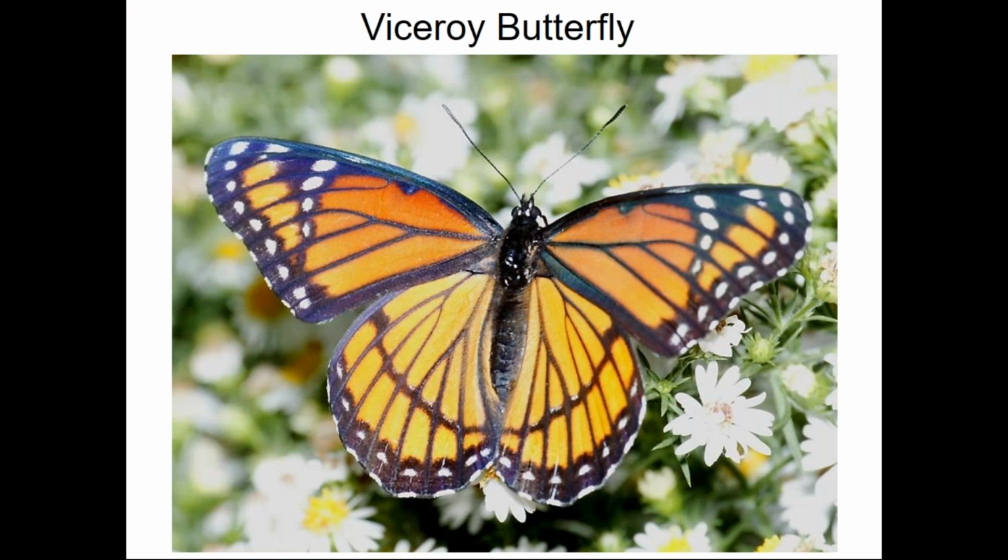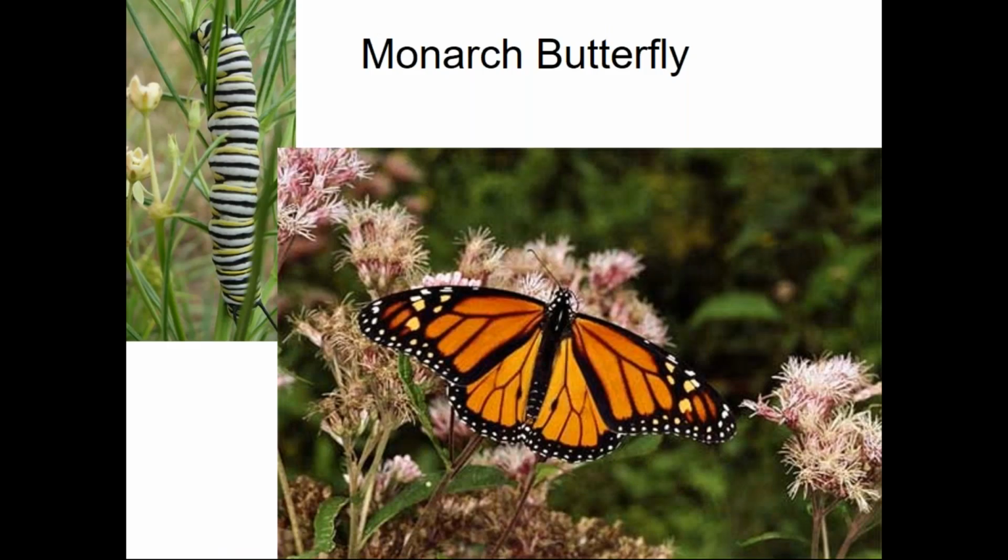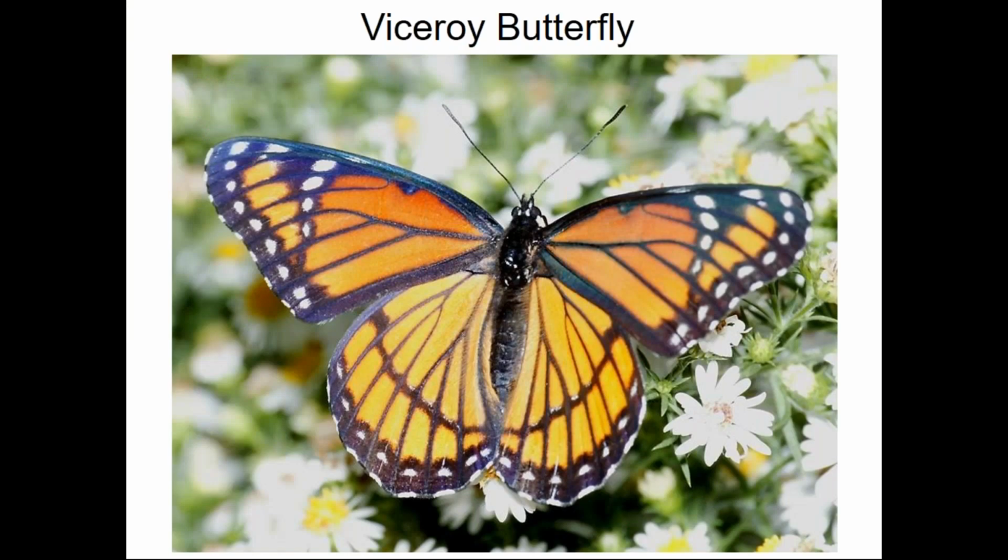You won't see viceroys too much in this area, but they do occur in the west, and they resemble monarchs, as you can see. Here's a monarch again, and here's a viceroy. And it's an example of what we call Batesian mimicry in the animal kingdom. You get one species that mimics another for protection.